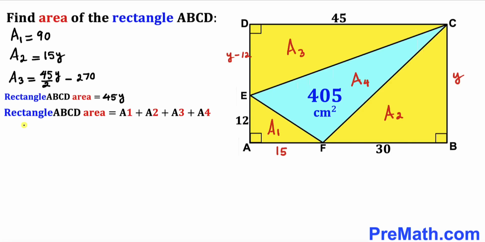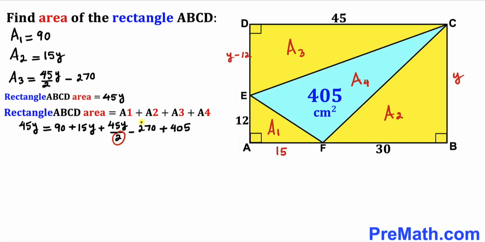So on the left hand side we have 45 times y equals A sub 1, which is 90, plus A sub 2, which is 15y, plus A sub 3, which is 45y divided by 2 minus 270, and finally plus A sub 4, which is 405.